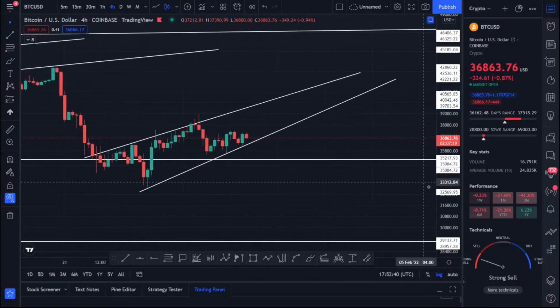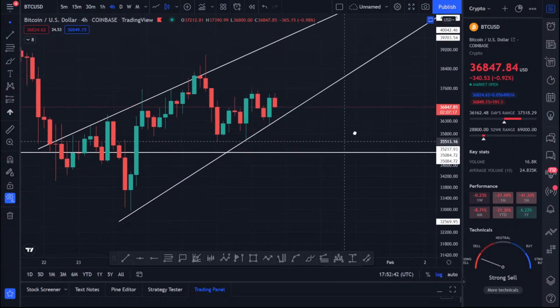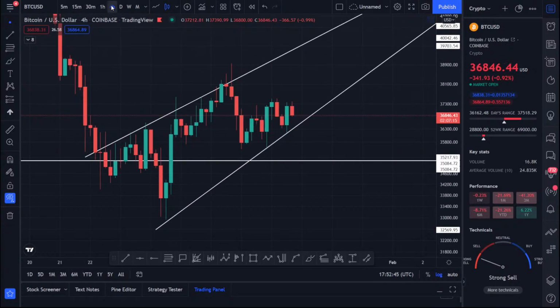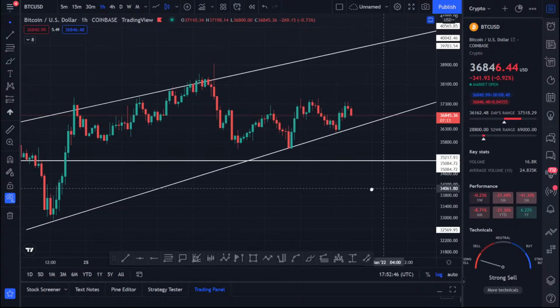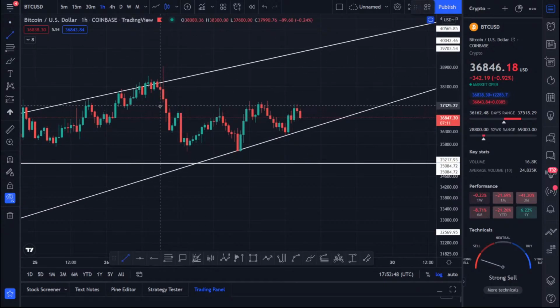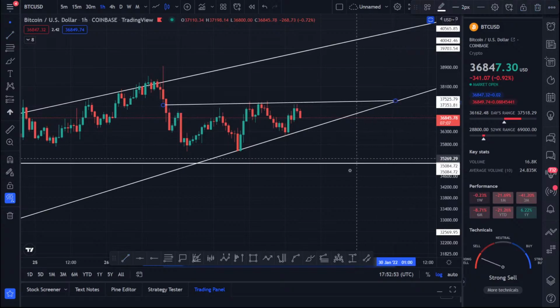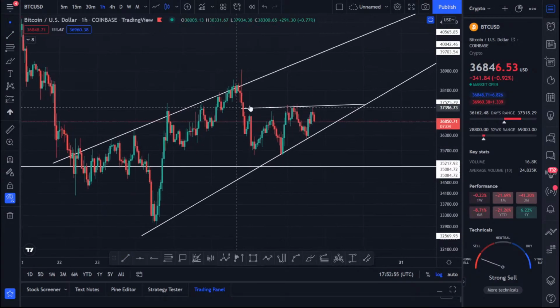Because it is making this bearish pattern as well, if you go to the hourly time frame, you can see that it's making this pattern at the moment, where this is the resistance and it's just coming up. If it breaks this resistance, it will try to come over here to this high right over here.